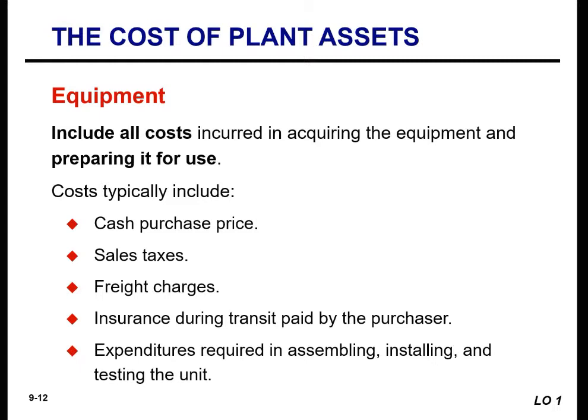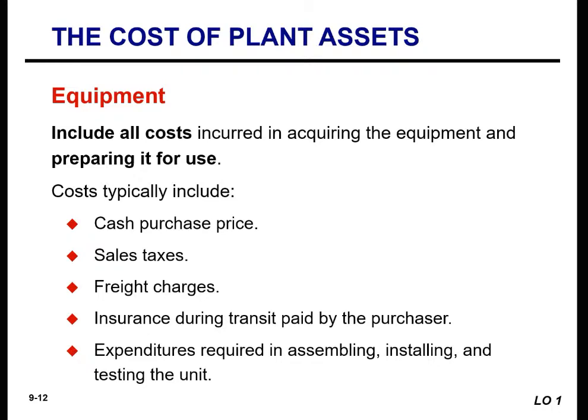And the cost of equipment consists of the cash purchase price paid, sales tax, freight charges, insurance during transit paid by the purchaser, as well as any additional expenditures required in assembling, installing, and testing the unit to prepare it for use. Two criteria apply in determining the cost of equipment. The frequency of the cost, is it one time or is it recurring? And then the benefit period, the life of the asset, or 1 year.